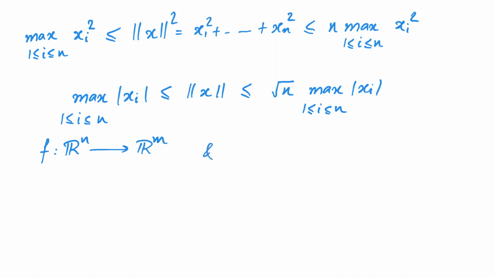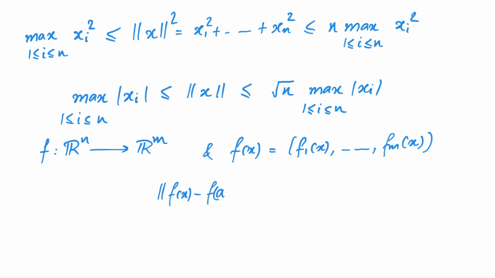So let f from Rn to Rm be a function such that f of x is equal to f1 of x, f2 of x, etc. up to fm of x. Then notice that norm of f of x minus f of a is less than or equal to square root of n times maximum of mod of fi of x minus fi of a, for i between 1 and n.